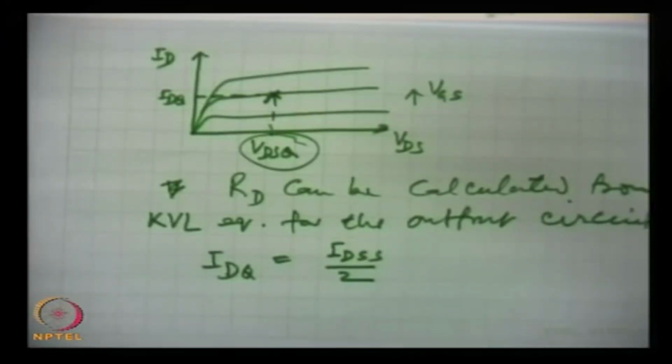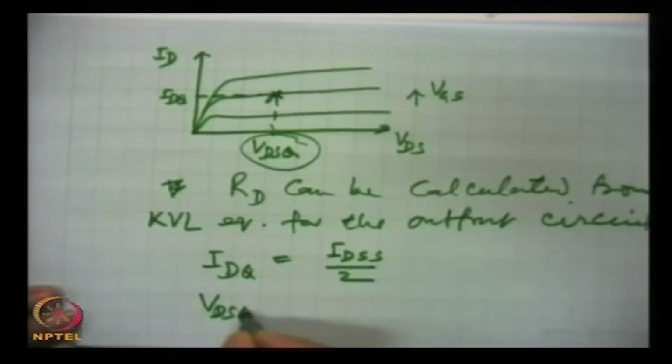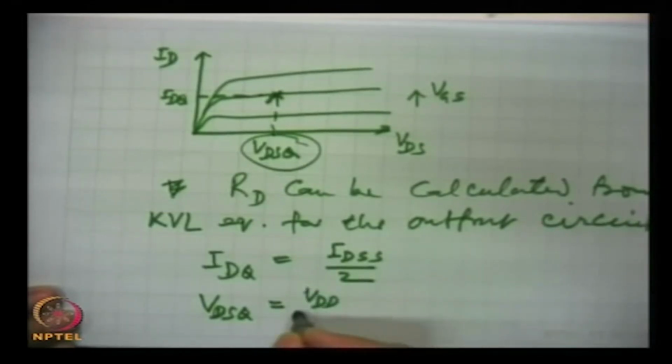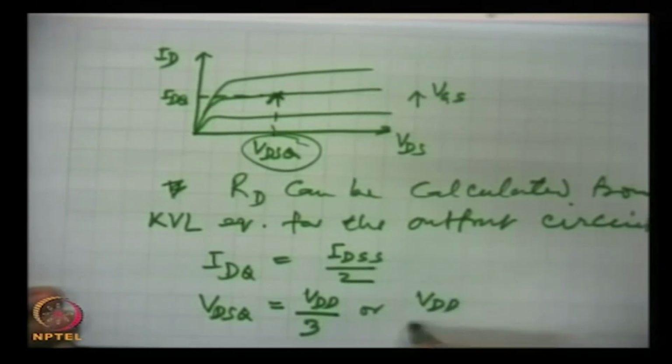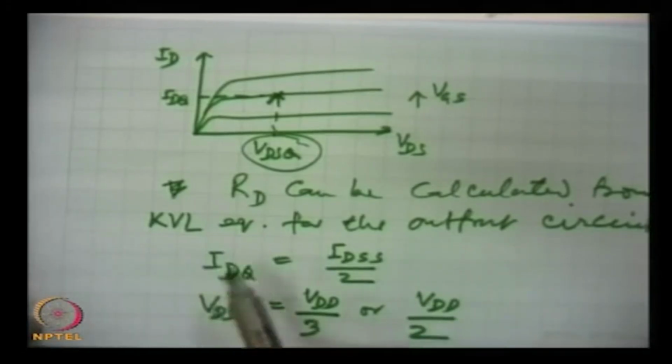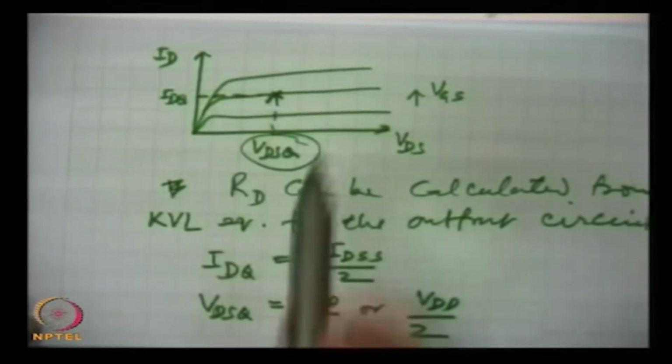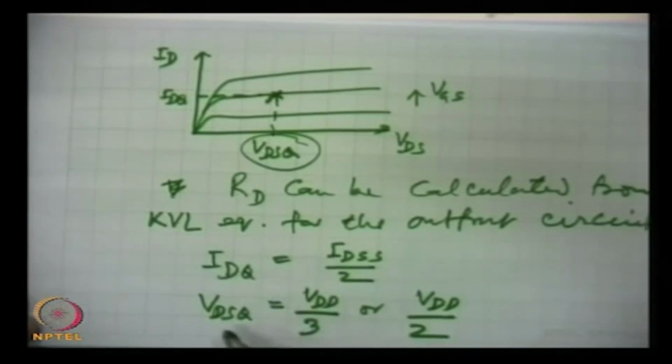So, once it is known, then it is safest to take IDQ as half of IDSS. Similarly, VDSQ can be taken as 1/3 of VDD or even half of this.